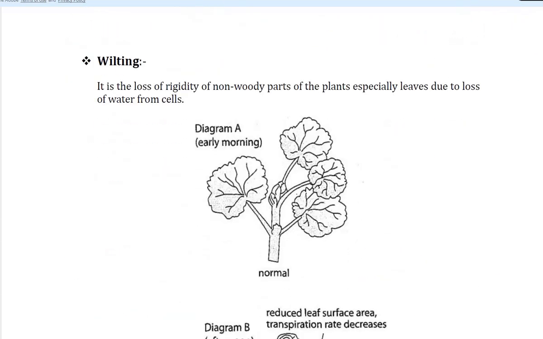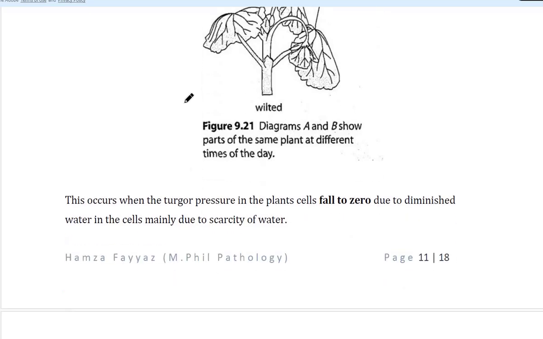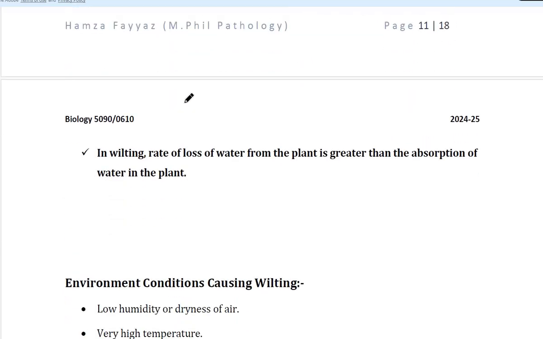Now wilting. इफ़ वी टॉक इन सिंपल वर्ड्स, अगर हम आसान अल्फाज से बात करें तो विल्टिंग क्या होता है? पत्ते का मुरझा जाना. पत्ता कब मुरझाता है? जब हम उसको पानी नहीं देते, जब उसके पास पानी नहीं होती. तो व्हाट डज दिस मीन? हाउ विल्टिंग हैपन्स? It is the loss of rigidity of leaves due to lack of water. Now for example, in wilting what happens?